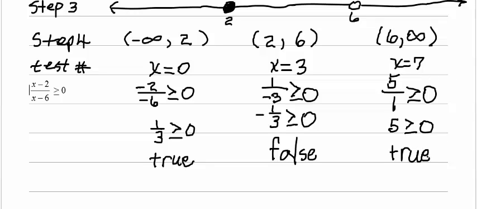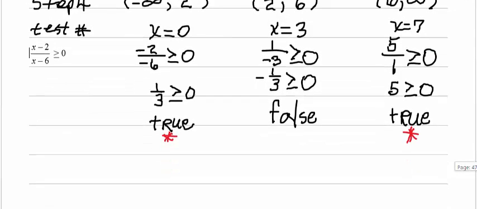Since our test number makes the inequality true, all the numbers in the test interval that test number came from also make the inequality true. So we see that for the interval of numbers smaller than 2, the inequality is made true. And for the interval containing the numbers bigger than 6, the inequality is made true.